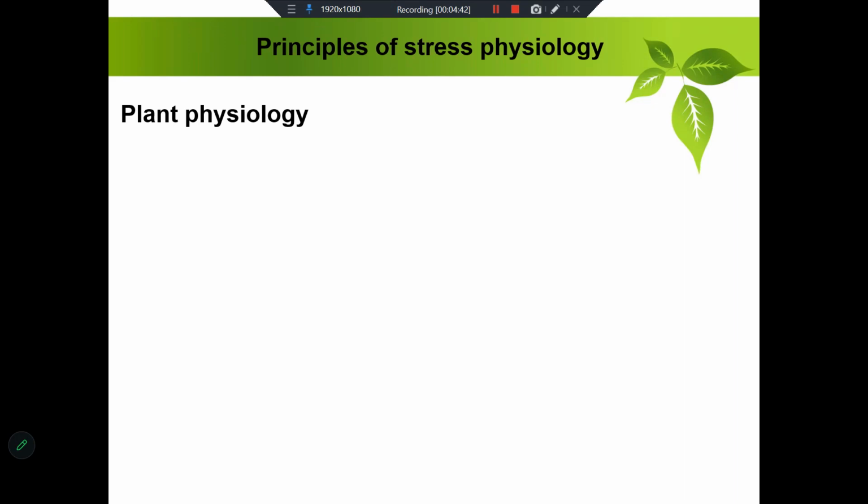Among all these things, there are certain processes which are very important for survival, growth, and development, for the plant to complete its life cycle, and also to maintain the continuity of the species or the generations.